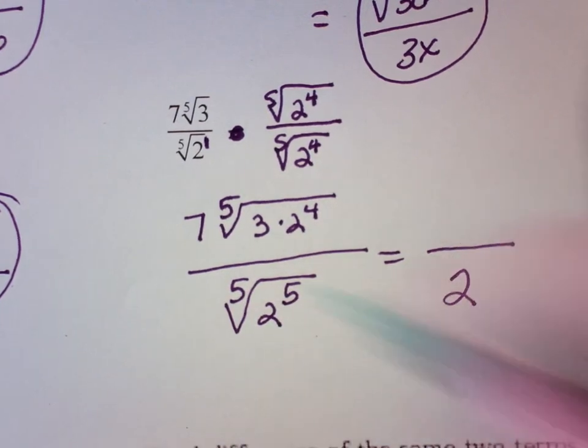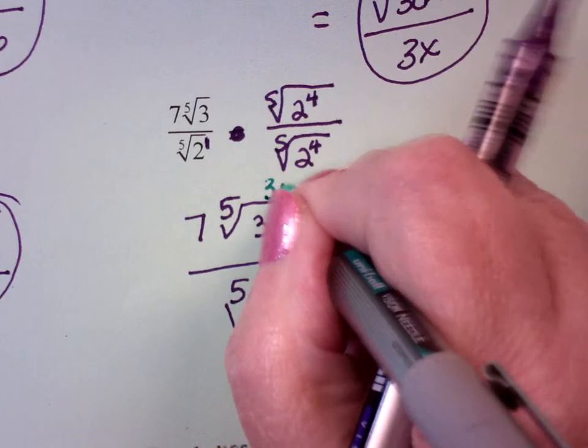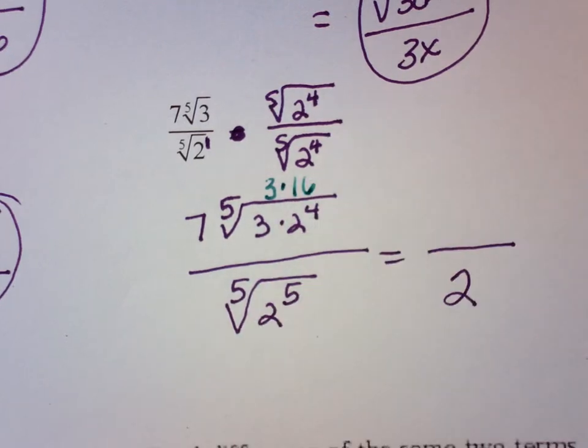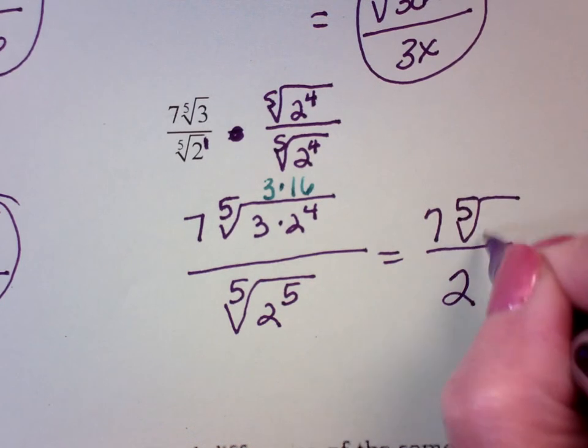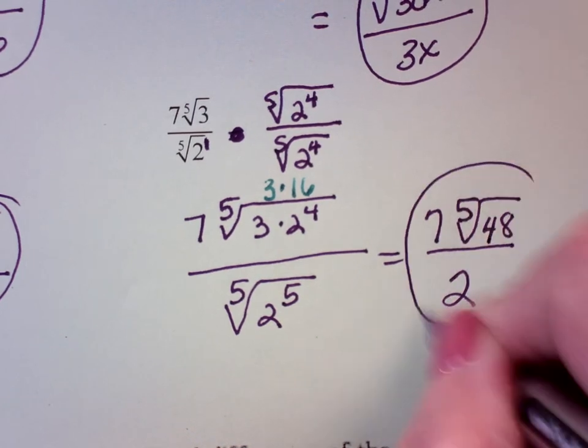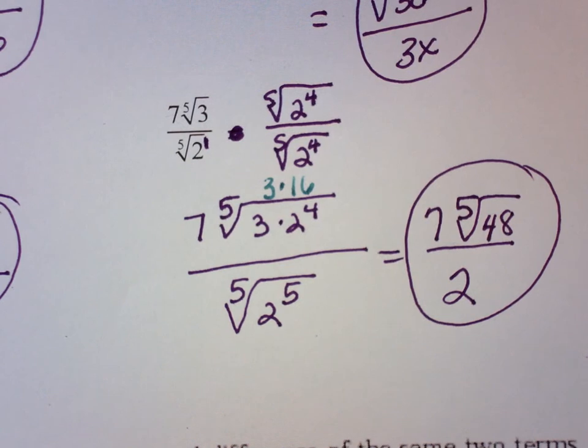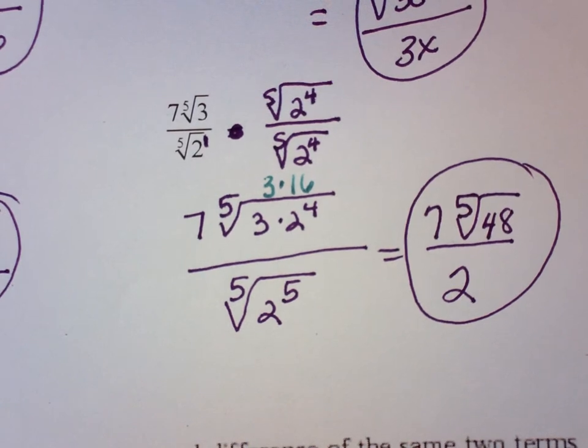And in this radical, I have 3 times 16. So this is 7 fifth roots of 48. Got to keep in mind, you've got to match that index with that exponent underneath.